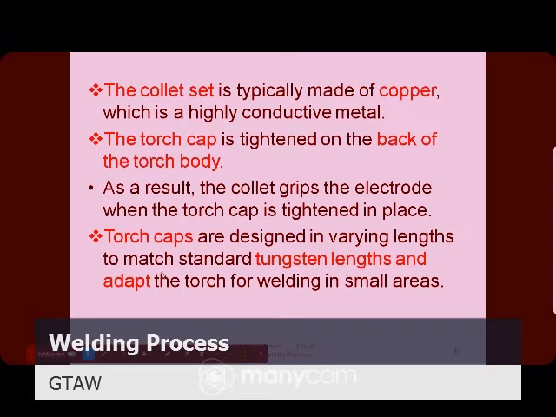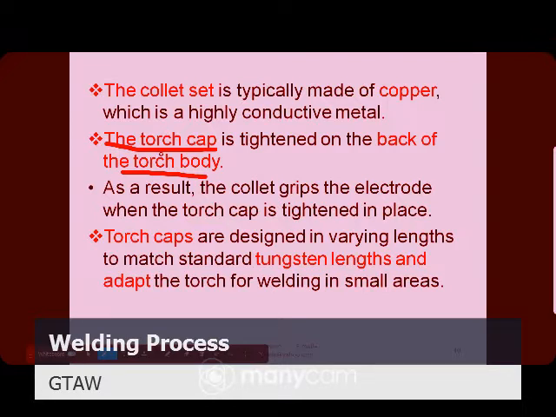Another part is the torch cap. The torch cap is tightened on the back of the torch. We already know the torch back, but the cap must be tightened on it.